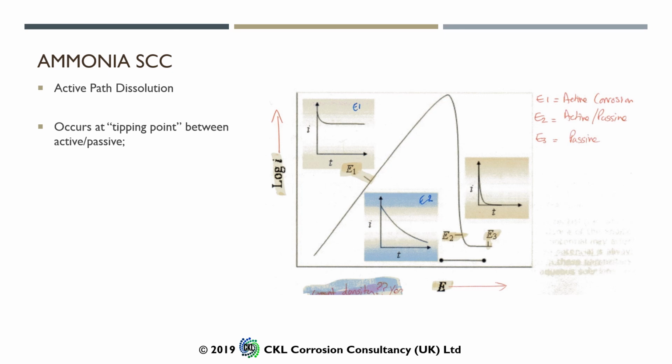And then we see a sudden drop as the material passivates and the corrosion current essentially stops or is retarded and becomes very low. That's when the material has become passive, as we move from E2 to E3 as shown on the diagram. Again, it's this E2 to E3, almost the top end of E1, where this transition period occurs, and this is where we get this cracking phenomenon.